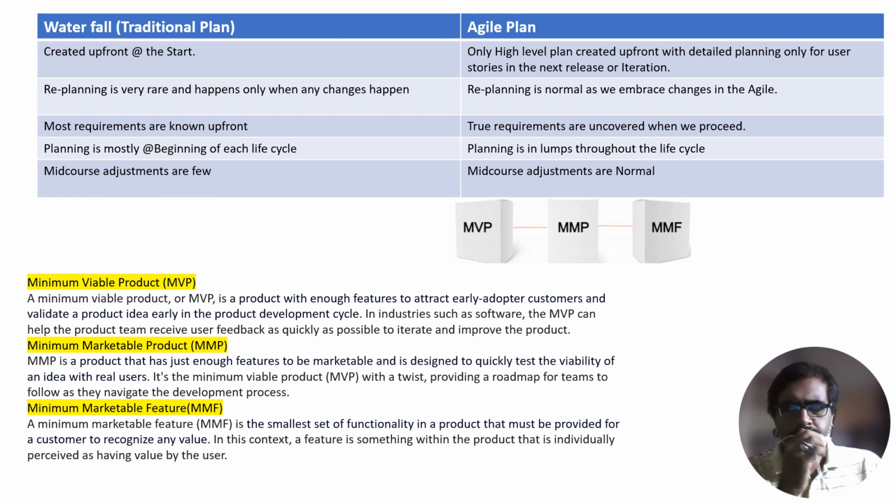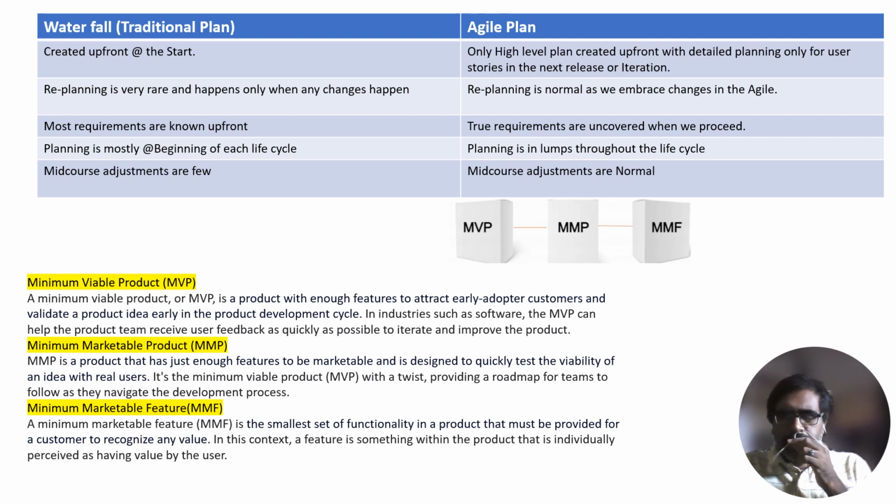If you look at the product backlog, which consists of all the product requirements, some of them could make up an MVP, and when we take up a few more, it could make up an MMP. The rest of the requirements are optional, delivered eventually if they add more value.